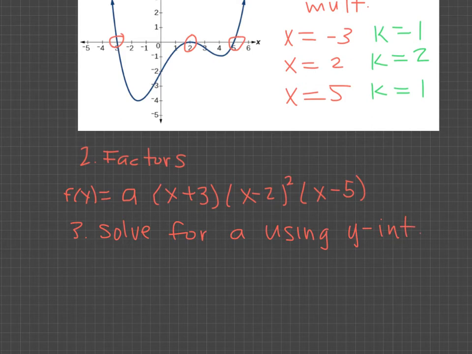Okay, the y-intercept is -2. So what that means is that f of 0, if we evaluate that function at 0, the result is -2. So that's what we're going to do.